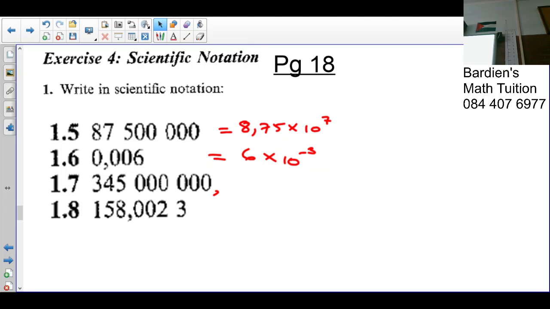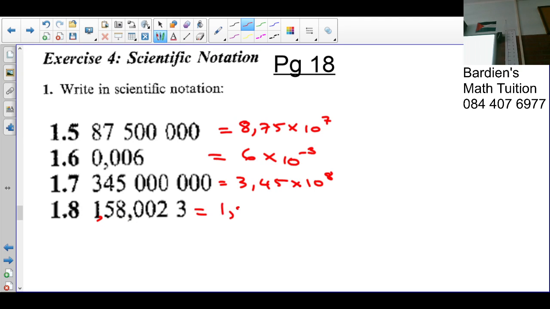Okay. So you're going to move it 3, 6, 7, 8. Can you see that? So that's going to simply be 3,45 times 10 to the 8. Are you all okay with this? Right? And then the last one, 1.8. The comma is currently lying here. It will lie after the 1. So it's 1, 2 units.